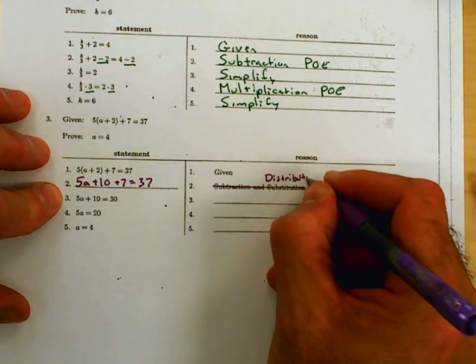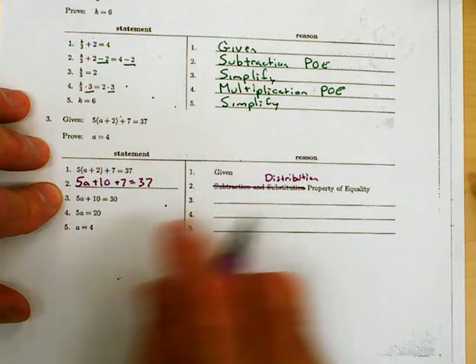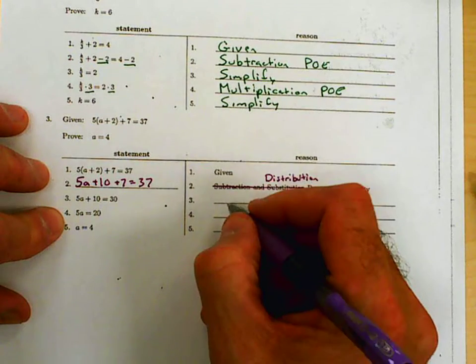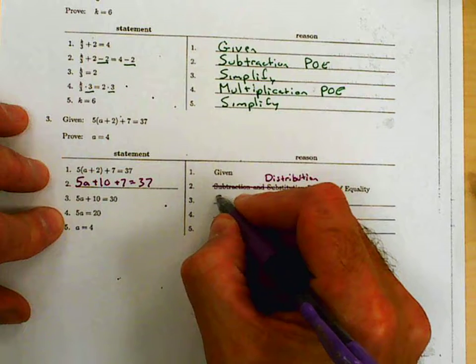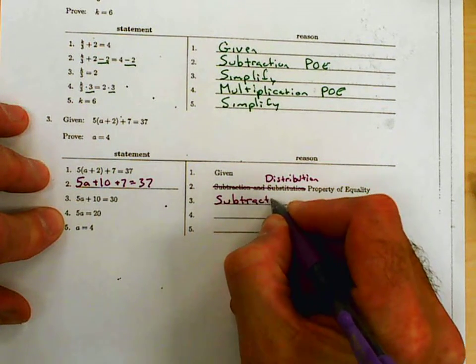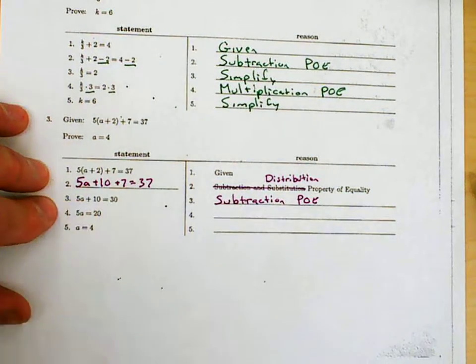You need to do that. And once you do the distribution property, now you're subtracting. You're subtracting sides. So subtraction property of equality. And we get this.